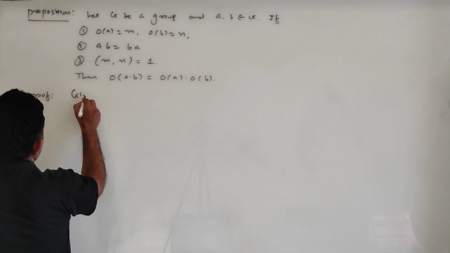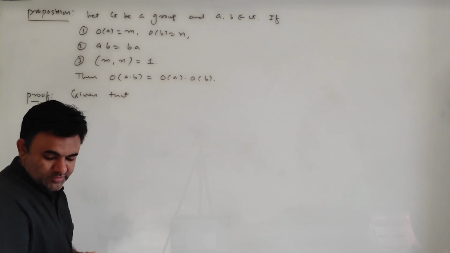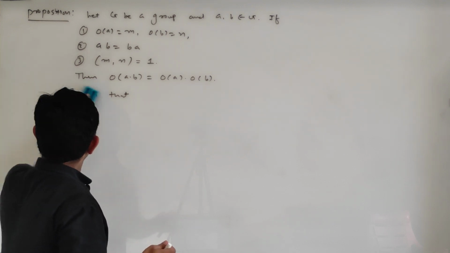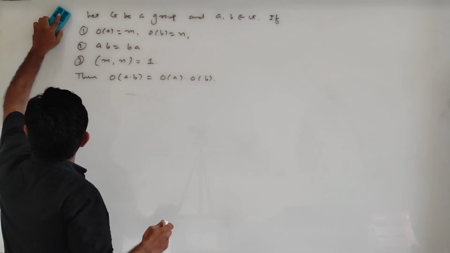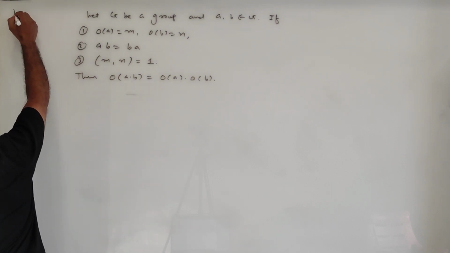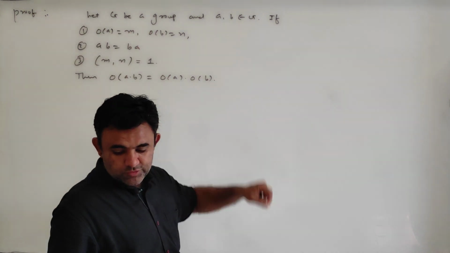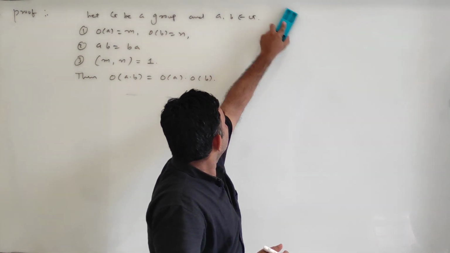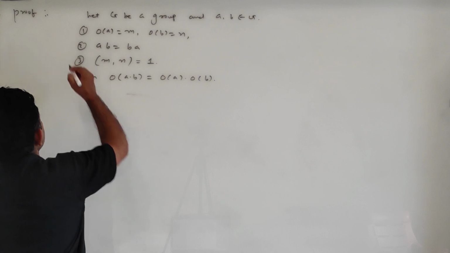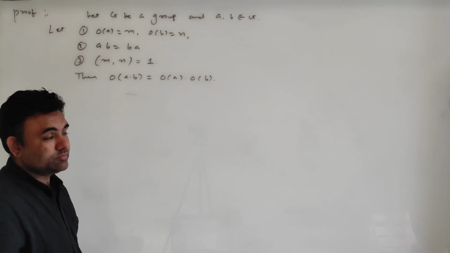Proof. Let G be a group and a, b belong to G. Also let conditions 1, 2 and 3 hold.